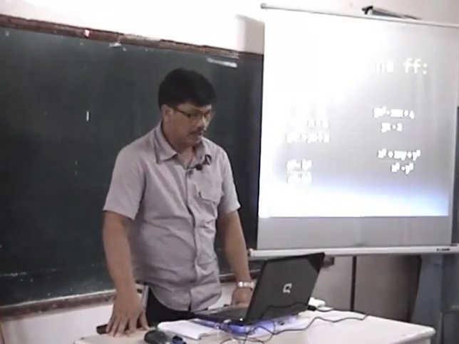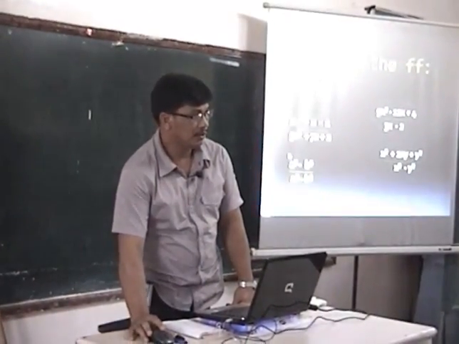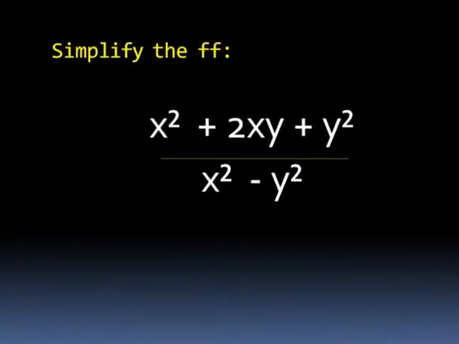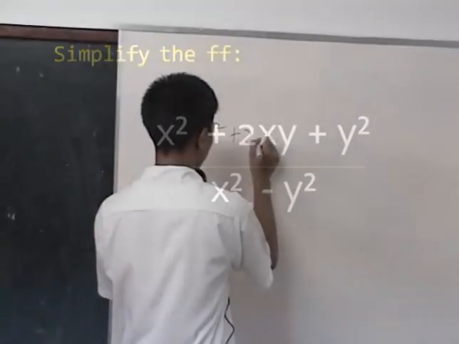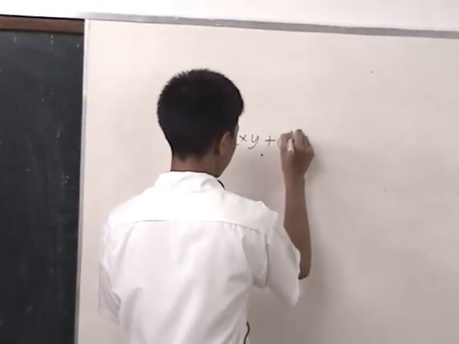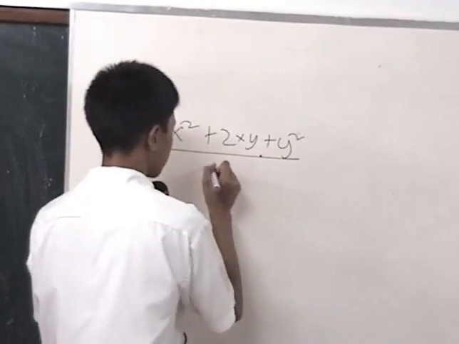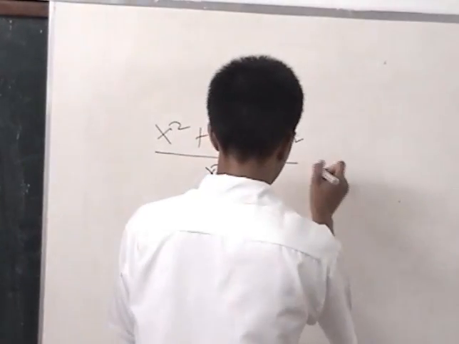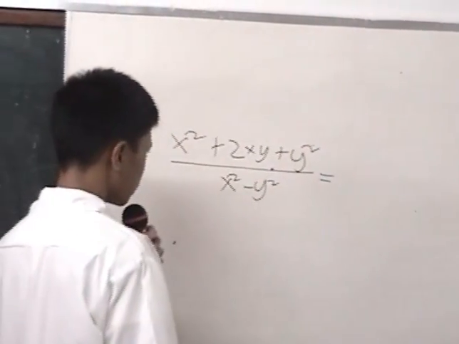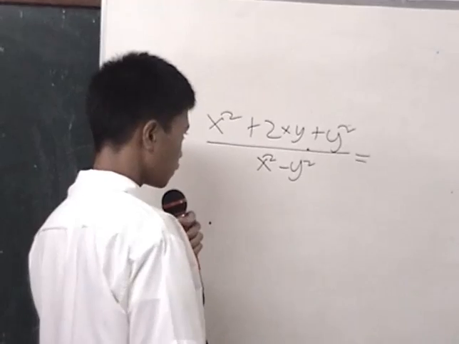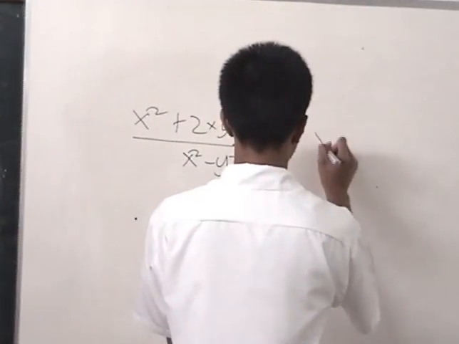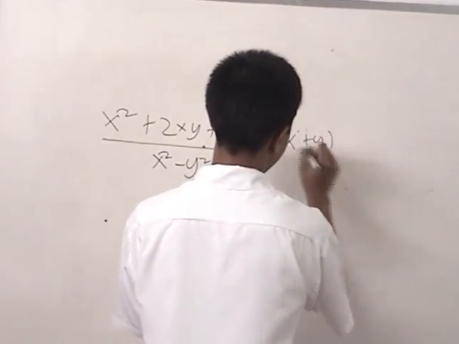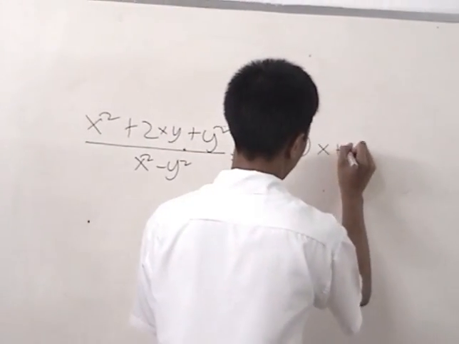So may I call now the next one? Who wants to factor this? Mr. Mago? X squared plus 2xy plus y squared over x squared minus y squared. The factor of the numerator x squared plus 2xy plus y squared is x plus y times x plus y.